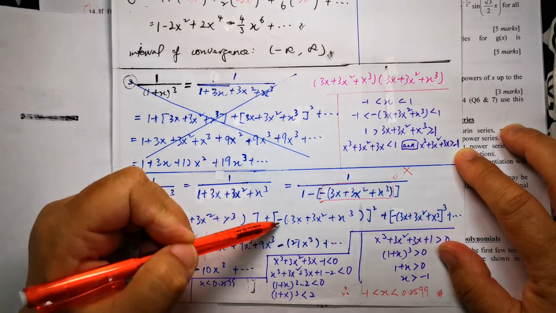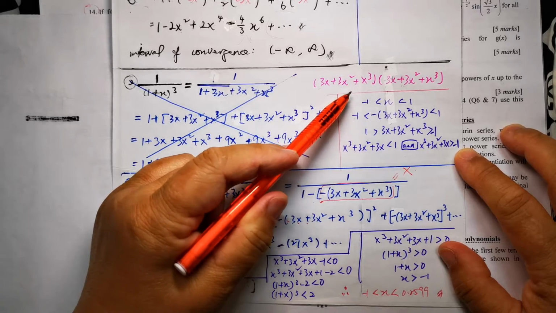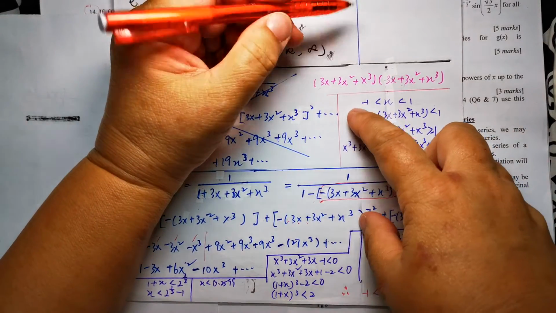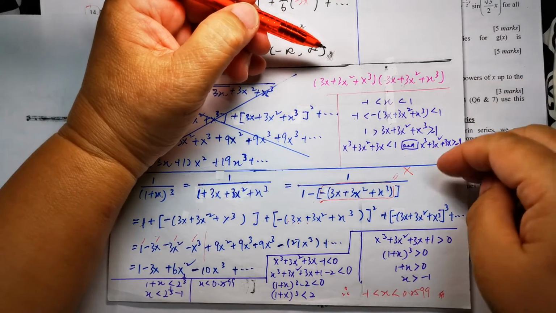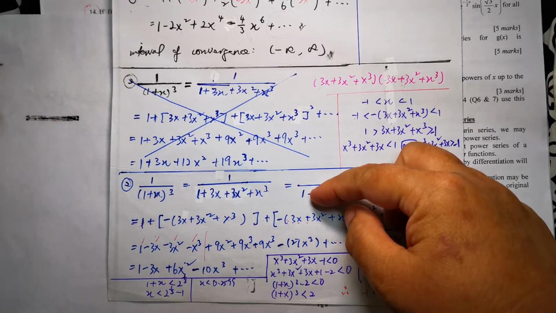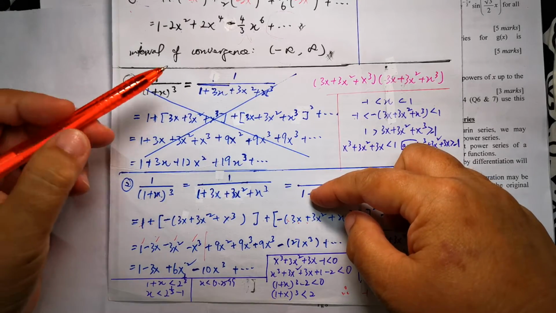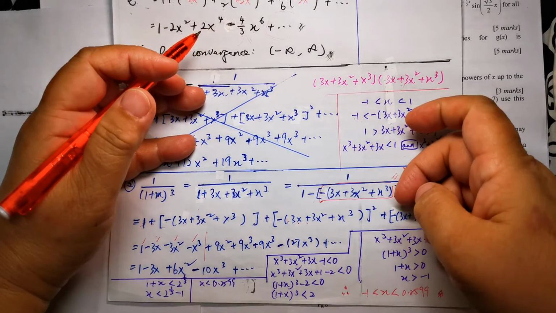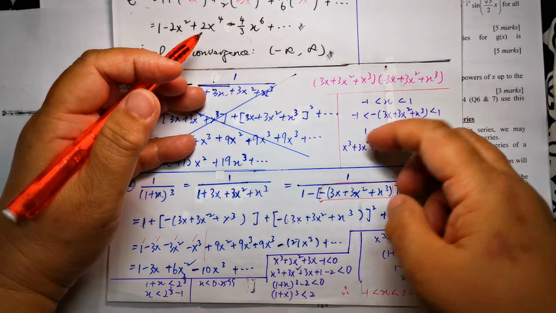Negative square is positive already. So we expand this. Slowly, we expand like this.